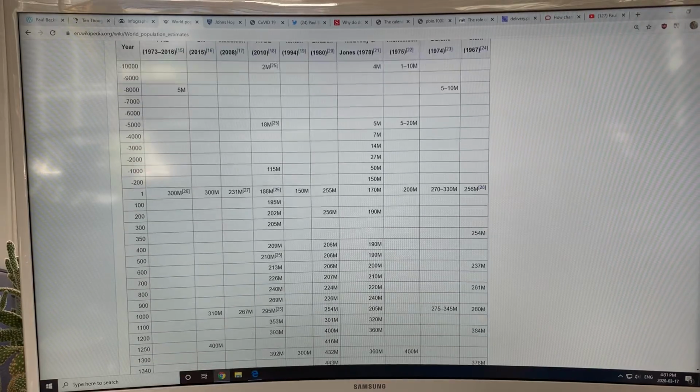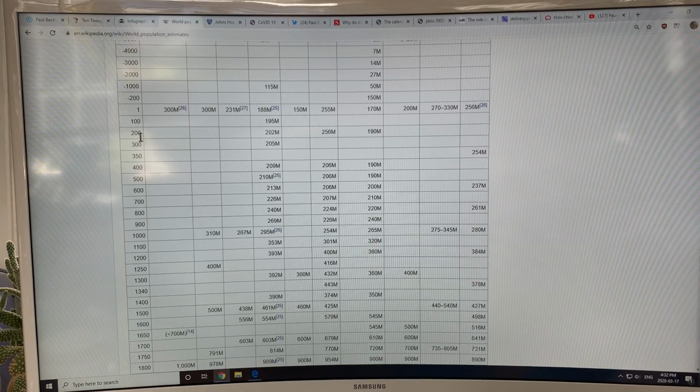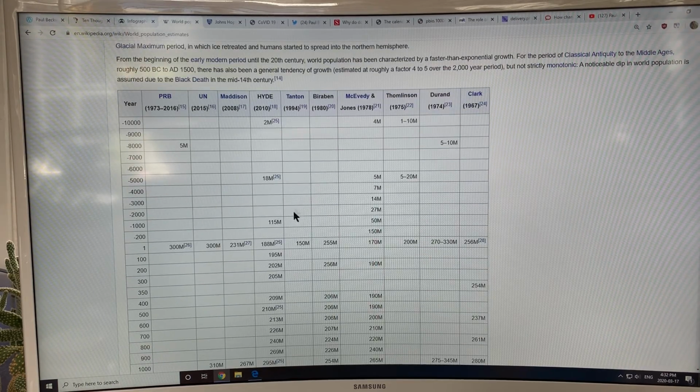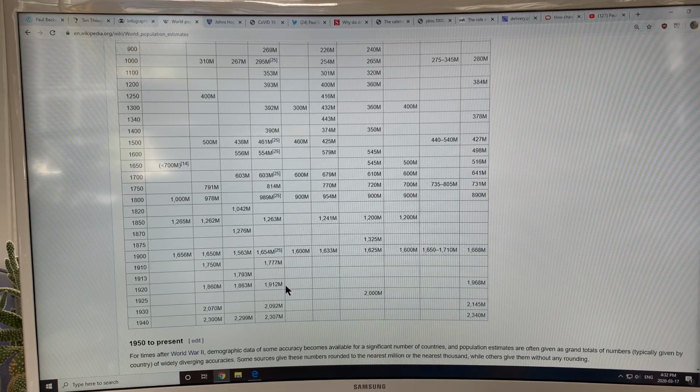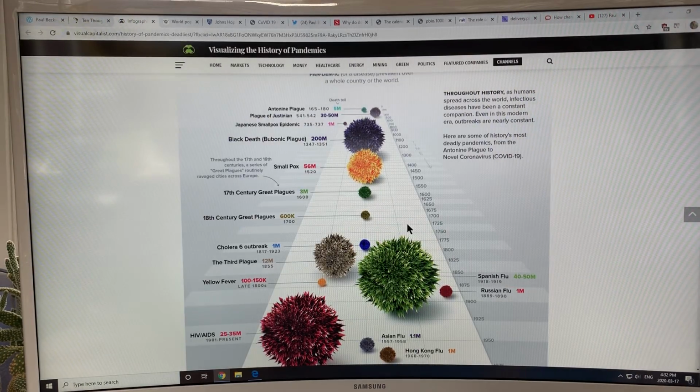Here's a timeline which gives the global population from various estimates, various papers, at various times back in history. So you can see the influence that a particular pandemic had on the globe as a fraction of the total global population.